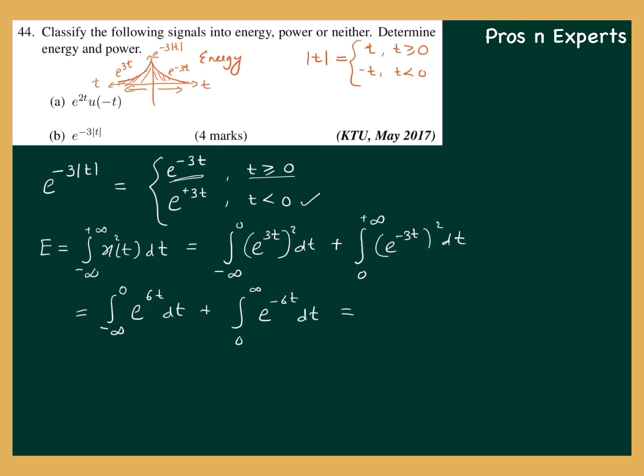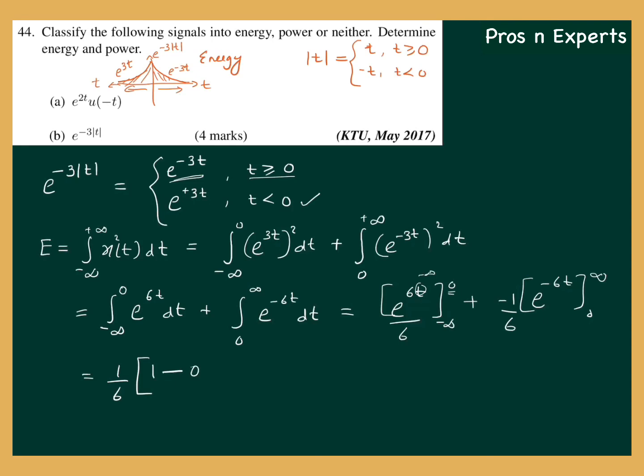That is equal to, the first integral is e raised to 6t by 6 from minus infinity to 0, plus minus 1 by 6 into e raised to minus 6t from 0 to infinity. Now let us substitute the limits. First limit is 0, so e raised to 0 is 1, minus the second limit e raised to 6 into minus infinity, which is 0, as we have already seen.